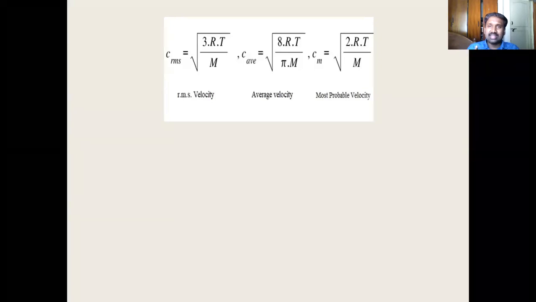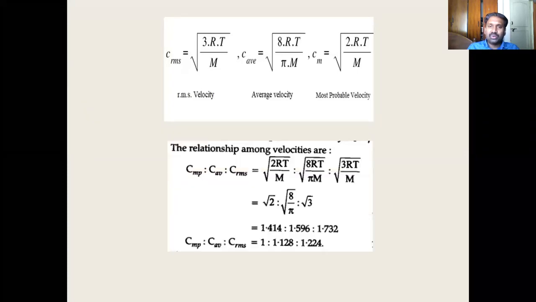So if you look at these things, they almost look similar, right? And since they're velocities, you can always take a ratio of these velocities. Looking at the formulas, you can tell which velocity will have the highest value, RMS velocity, followed by average velocity, followed by most probable velocity.